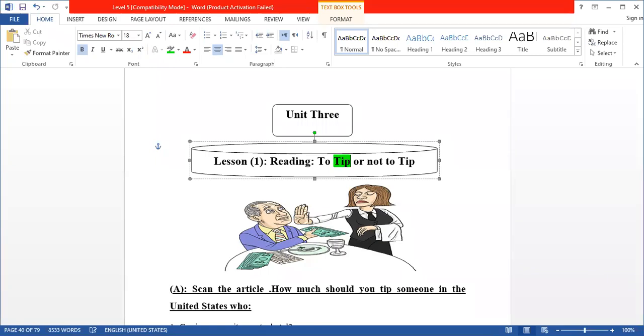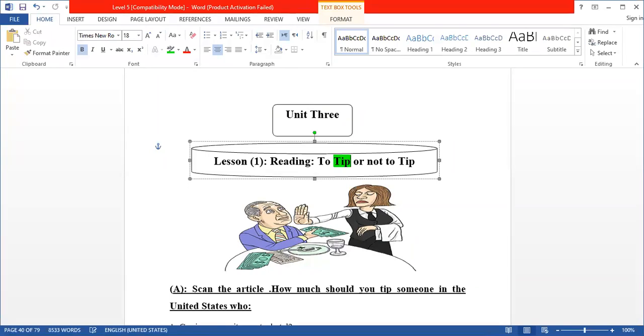To give means what? To give a tip. To give somebody an extra amount of money to thank him for something that he has done for you as a part of his job.